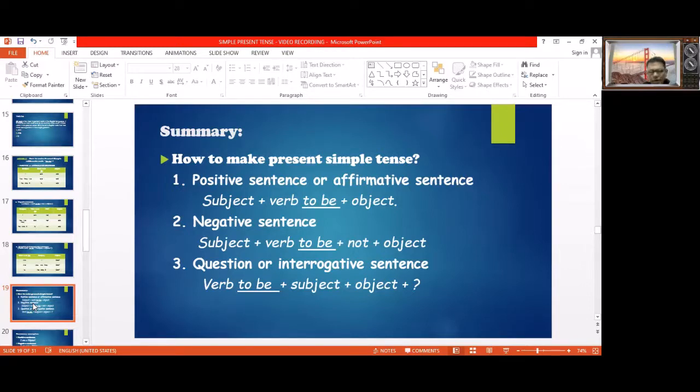There's only three. Okay. Now, for a negative sentence, we have subject, verb to be, plus the word not, and plus the object.